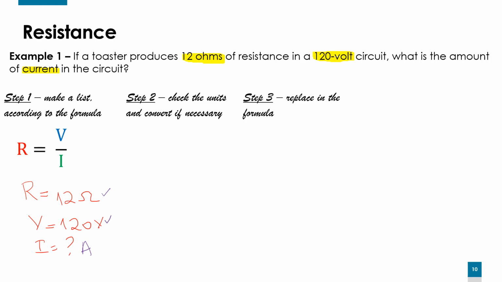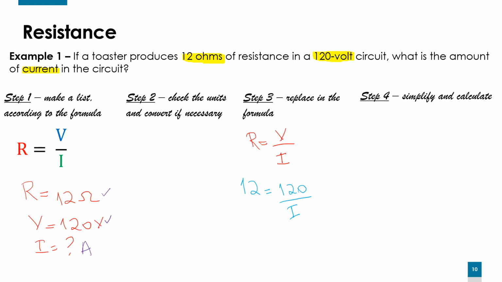Step 3, replacing in the formula. So let's write the formula again: resistance equals voltage over current. So my resistance is 12, my voltage 120, and my current, I don't know.